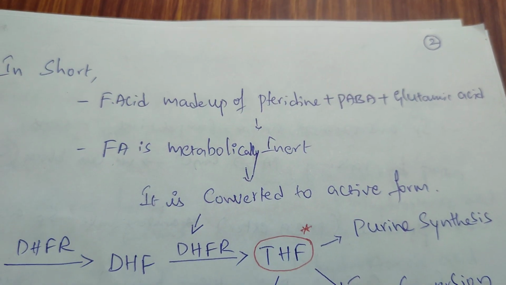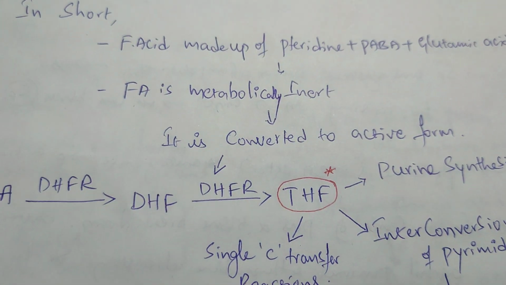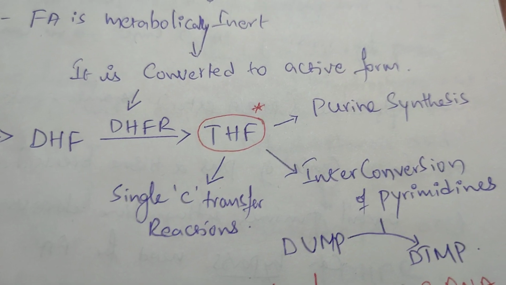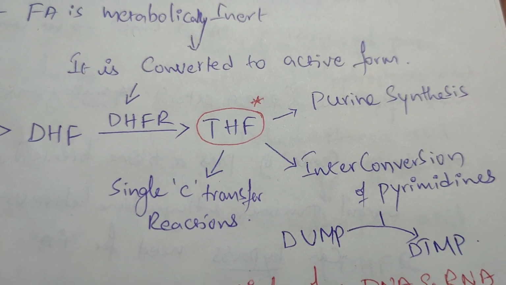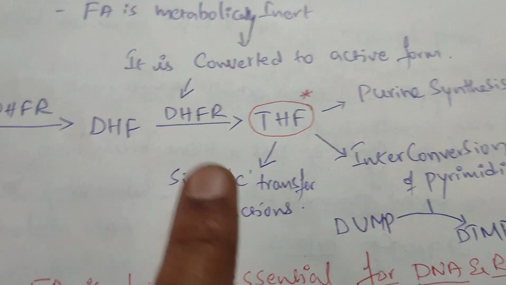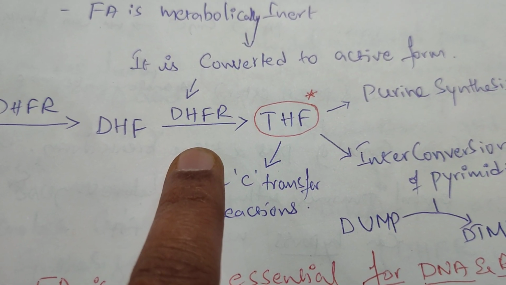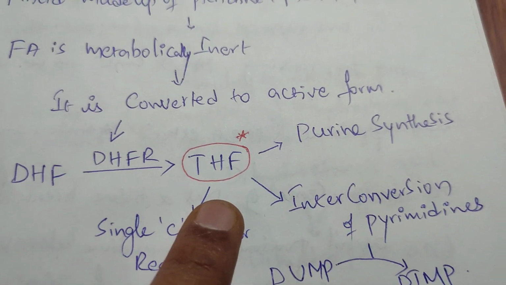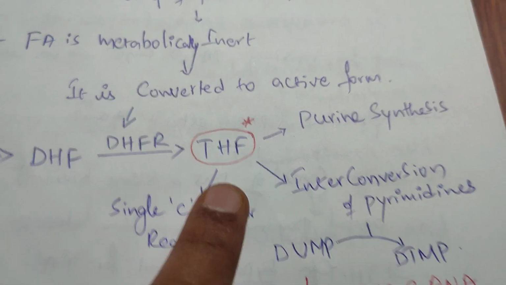The folic acid is basically metabolically inactive. It is converted to the active form by an enzyme called dihydrofolic acid reductase, DHFR. So finally we will get tetrahydrofolic acid.